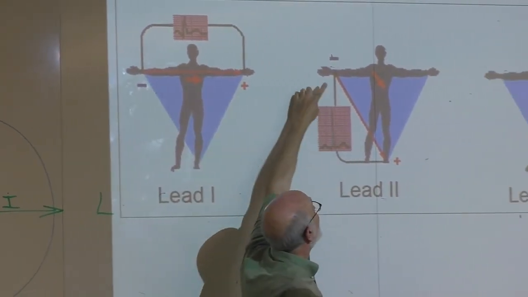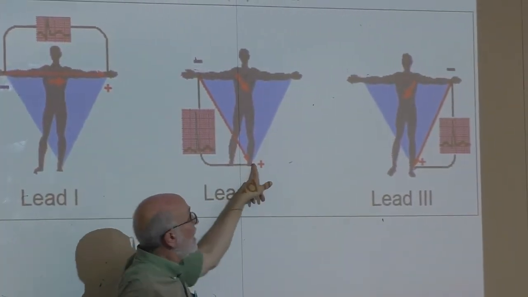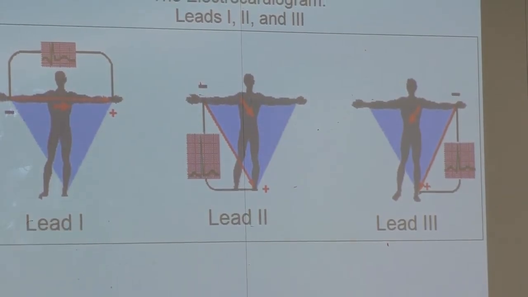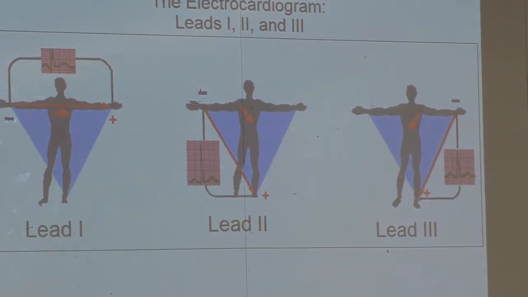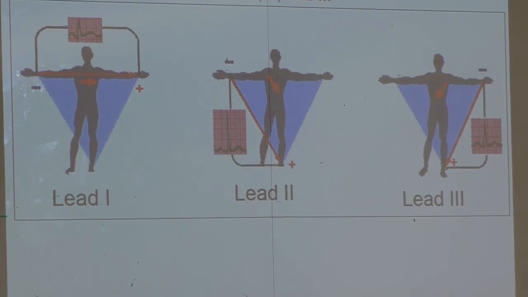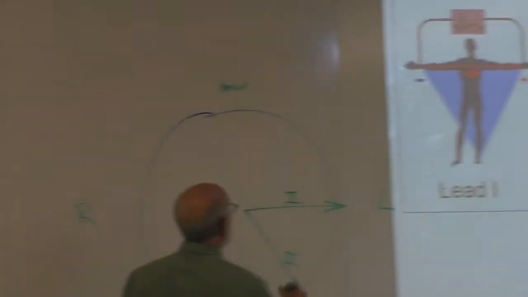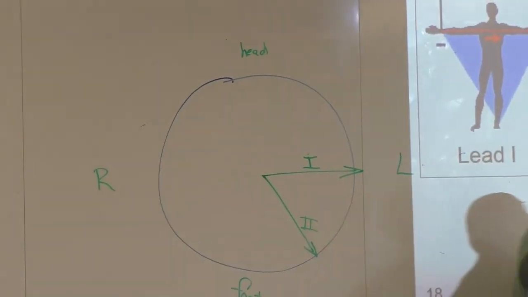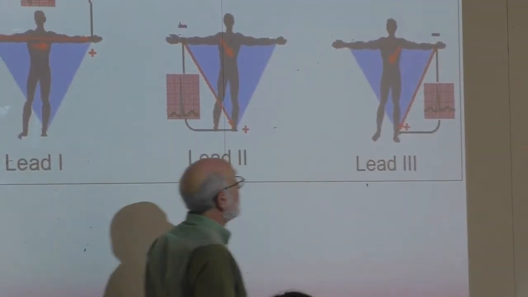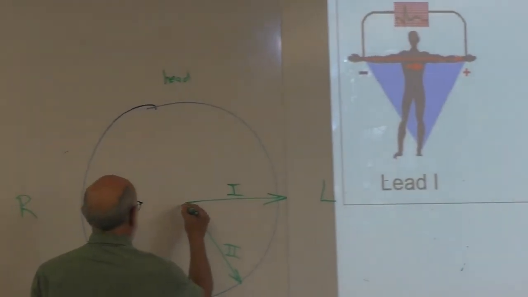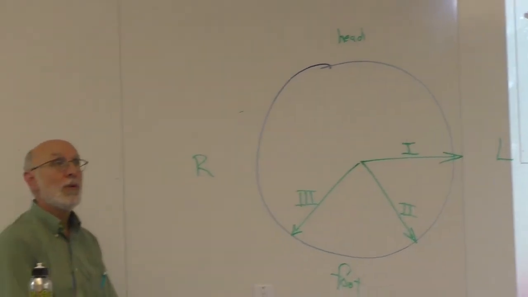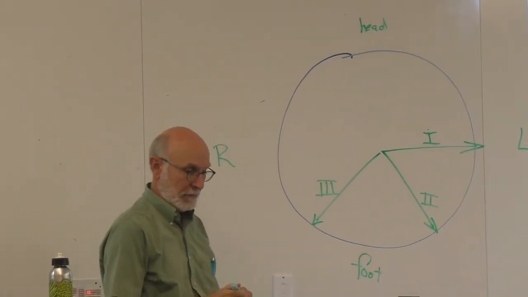Lead 2 connects the right wrist and the left foot. And it defines an orientation in the chest like that. And lead 3 is the left wrist and the left foot, and it defines an orientation like that. So you will record all 3 of these today.